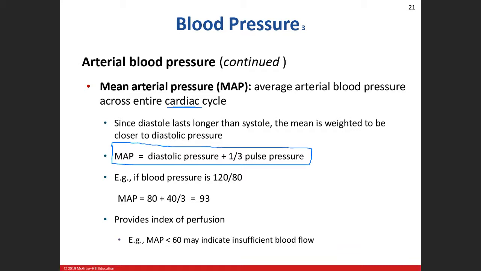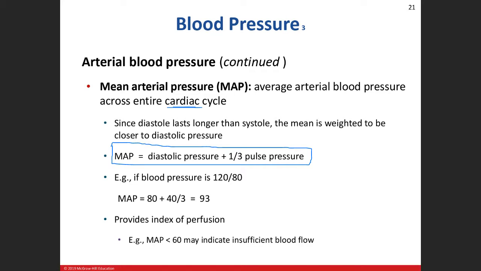Pulse pressure is equal to... pulse pressure is the difference between systolic pressure and diastolic pressure.